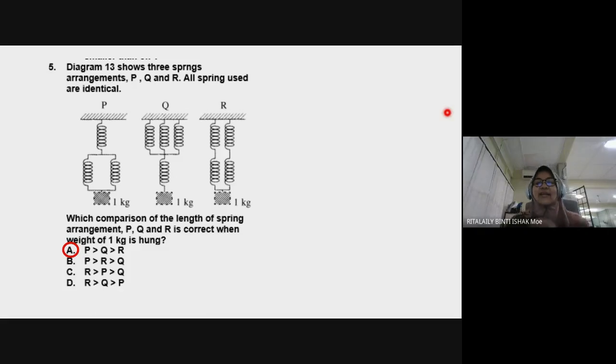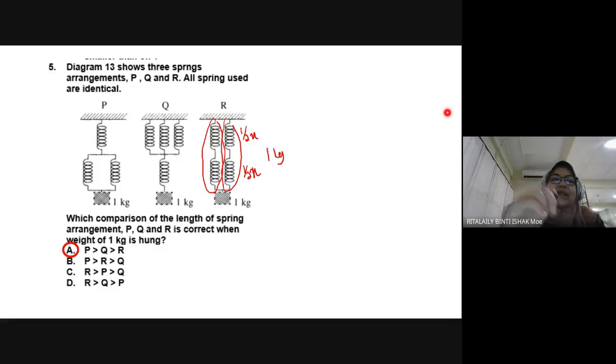Now let's look at how we calculate the extension or the length. This one is 1 kg. We have two springs in series, but it is arranged in parallel. Firstly, we need to solve the parallel arrangement. So this part will have half kg, this one will have half kg, so total is 1 kg. Whereas for Q, this one will get 1 kg.